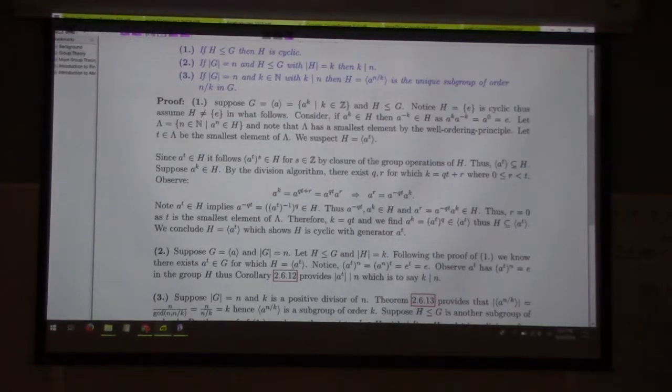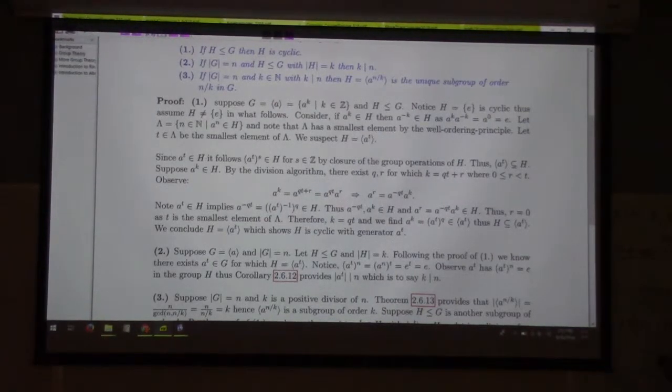So what does that force us to conclude about r? r is a power less than t, such that a to the power r, where r is positive, is found in H. By construction of t, r must be 0. Otherwise, a to the r would give a power of a which has a smaller power than the chosen t.